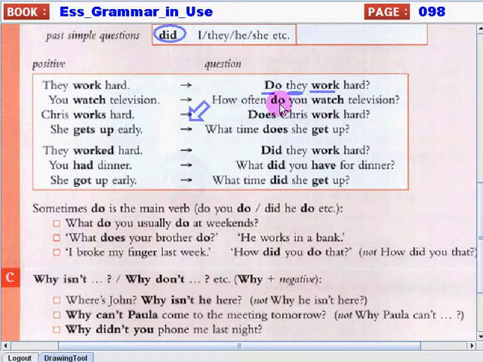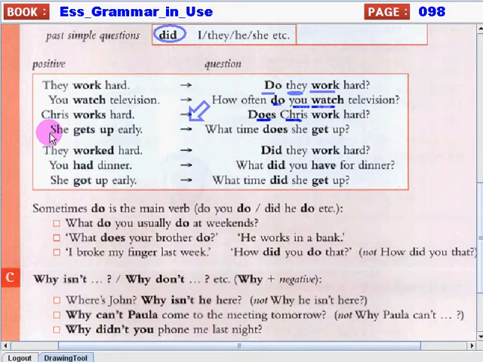How often do you watch television? Chris works hard. Does Chris work hard? So even when we have the name of a person, place, or thing, or what we call proper nouns, we will use does, right? Okay, does plus our subject and our next verb.